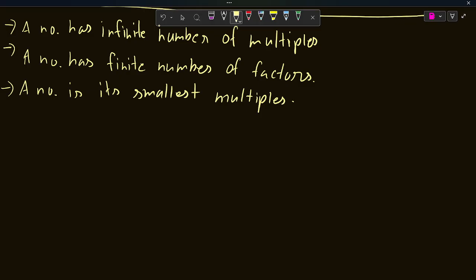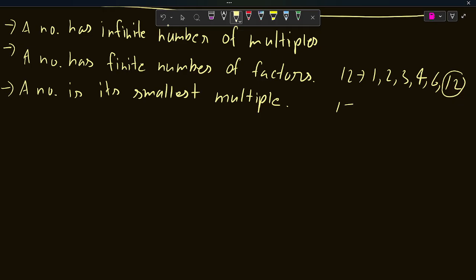But if you talk about factors, then it is just opposite. If I'm writing factors of 12, then the first factor is 1, after that 2, after that 3, then 4, then 6, then 12. So 12 is the highest factor of 12.